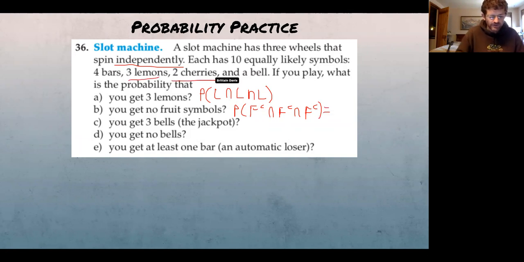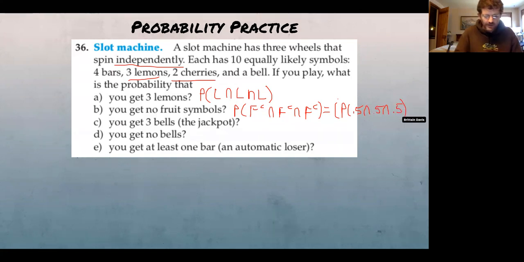So if there's 5 out of 10, the complement of that is also going to be 5 out of 10. If I'm going too fast through this, I'm trying to get to the harder problems. So basically, this is the probability of 0.5 and 0.5 and 0.5. We just multiply those 3 together, and we get our final probability.